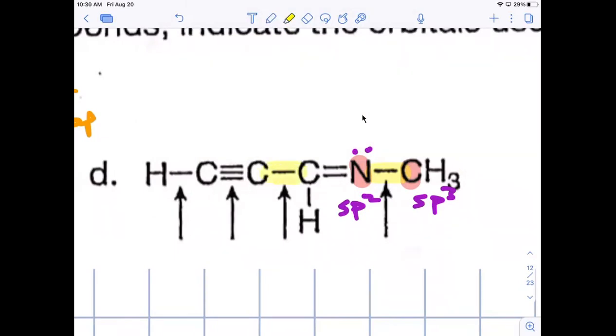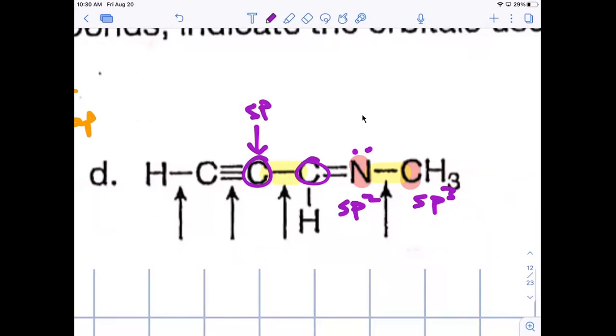What about here? What you're looking at is the carbon on the left and the carbon on the right. So this carbon and this carbon. What is the hybridization state of this carbon? It's SP. Good. Has a triple bond to it. Anytime you see carbon with a triple bond, it's going to be SP hybridized.